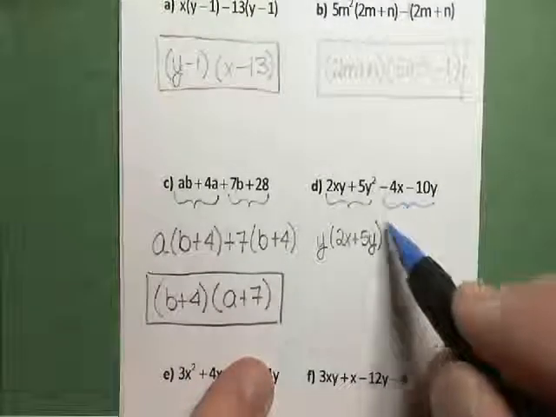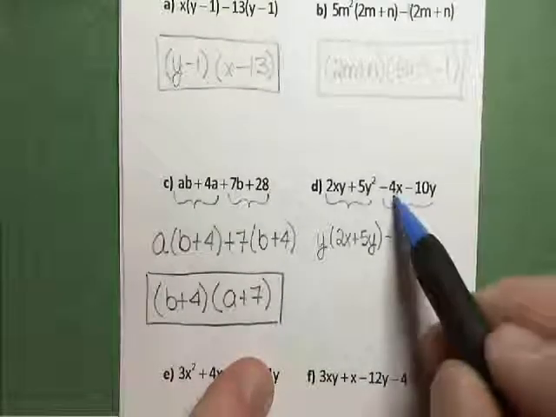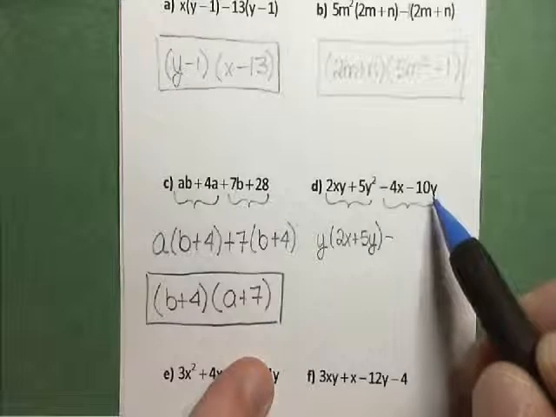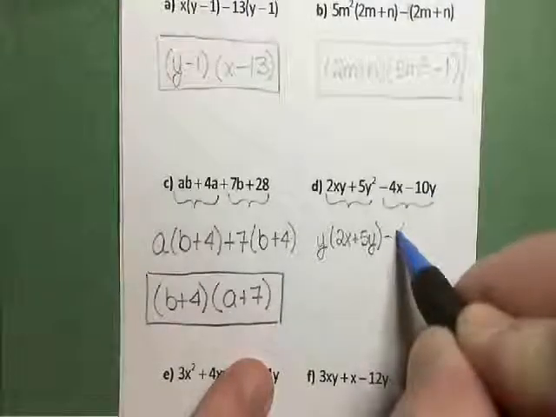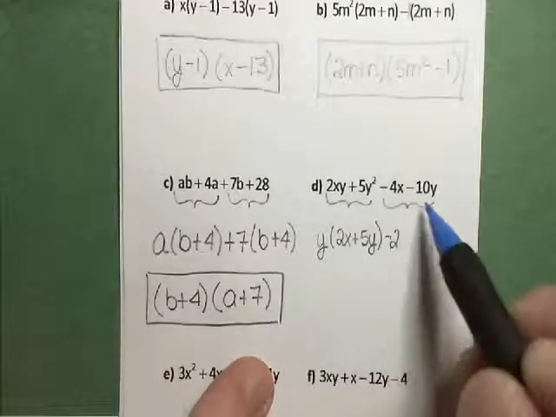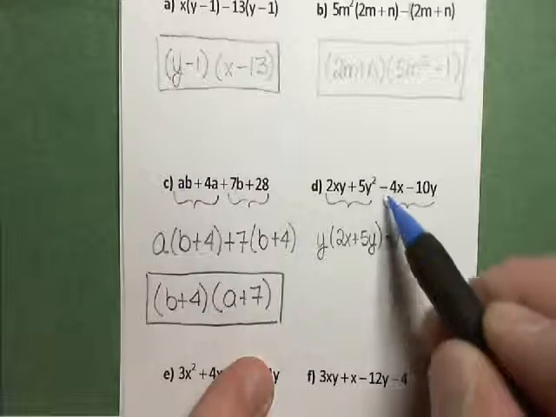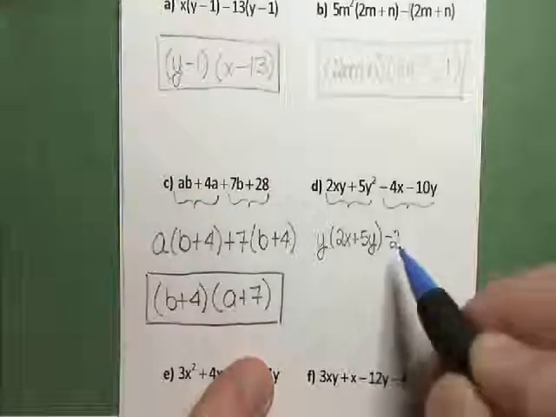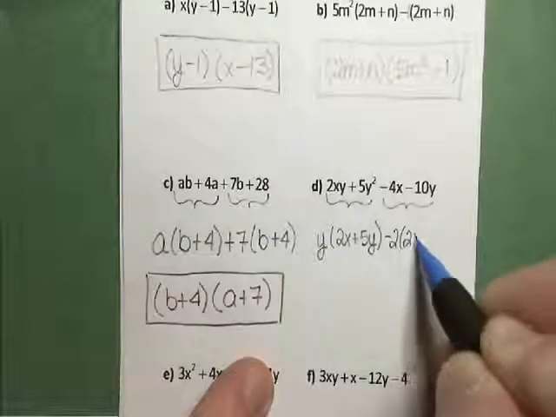Next one, I have a negative sign, so let's bring it down. What can I factor from 4x and 10y? Well, the biggest number that goes into 4 and 10 would be a 2, and I cannot factor out a letter. So that's the only thing I can factor, a negative 2. Negative 4x divided by negative 2 is 2x.